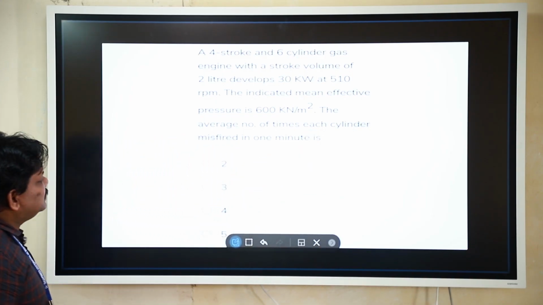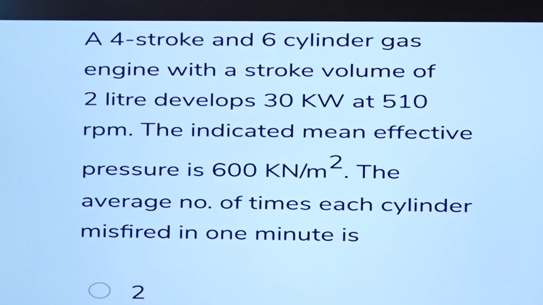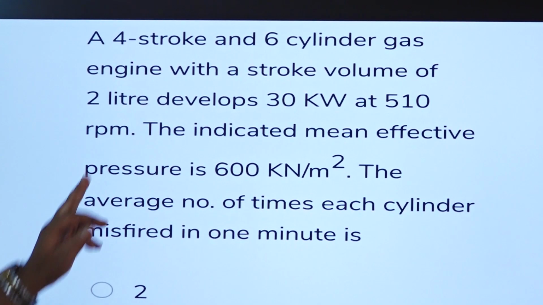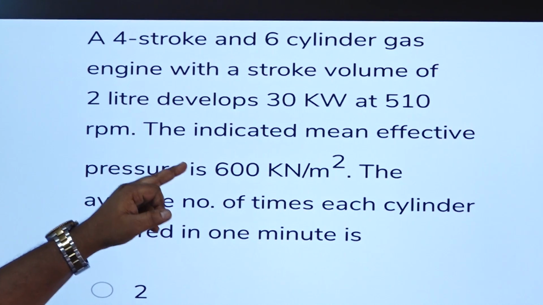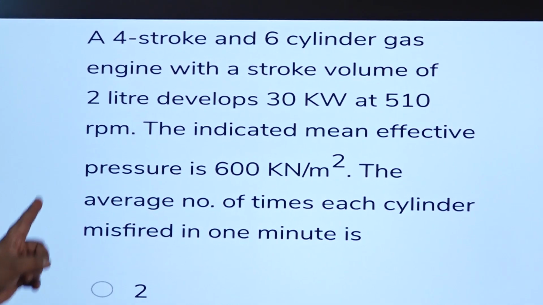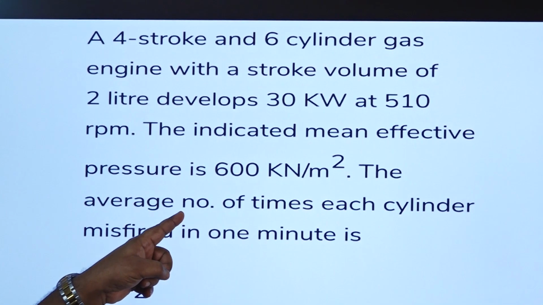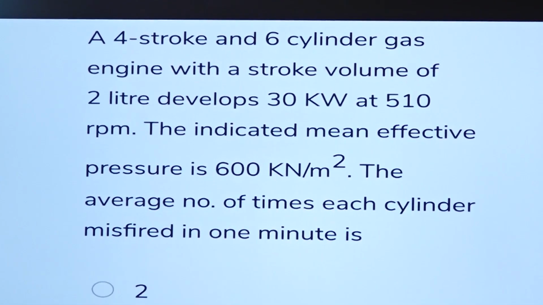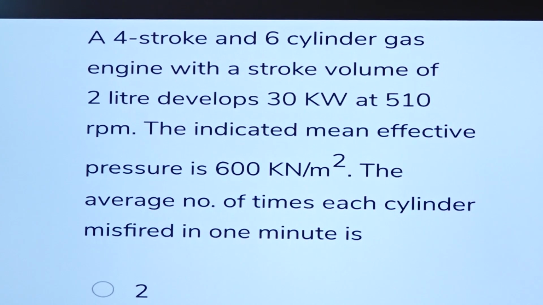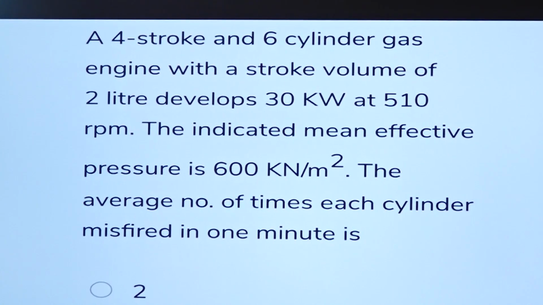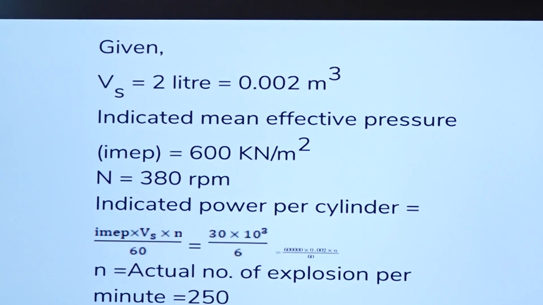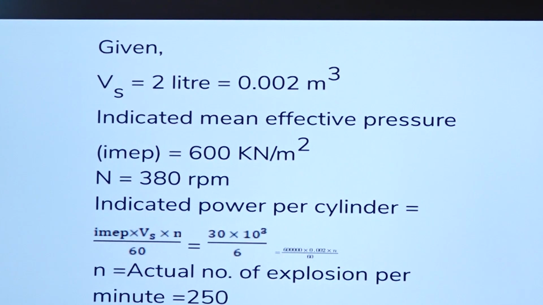The next question: a 4-stroke, 6-cylinder gas engine with a stroke volume of 2 liter develops 30 kilowatt at 510 rpm. The indicated mean effective pressure is 600 kilonewton per meter square. What is the average number of times that each cylinder misfires?